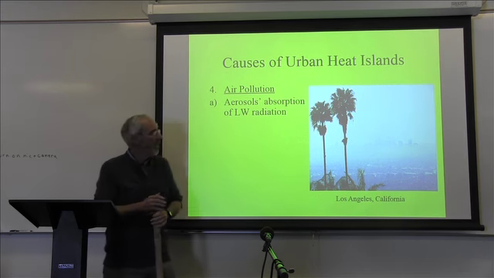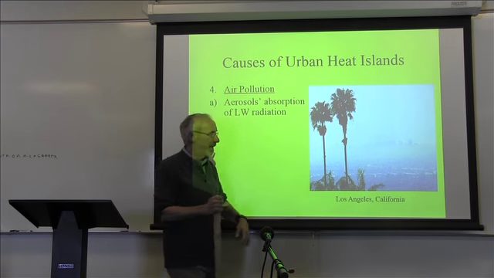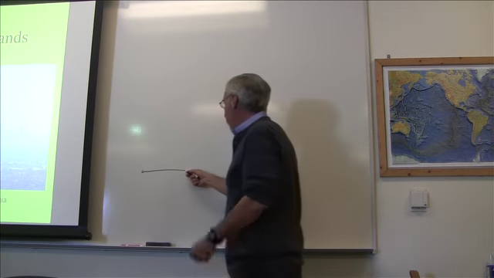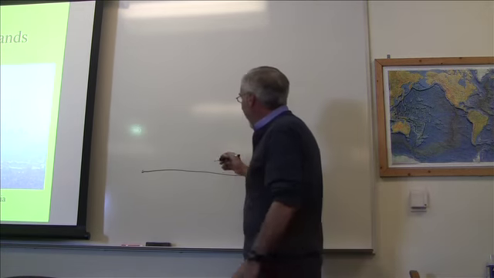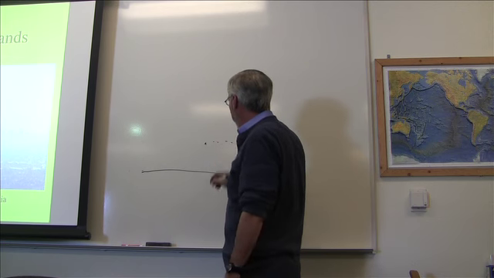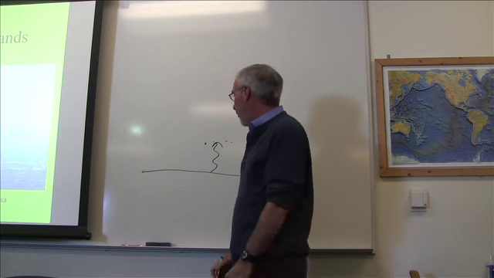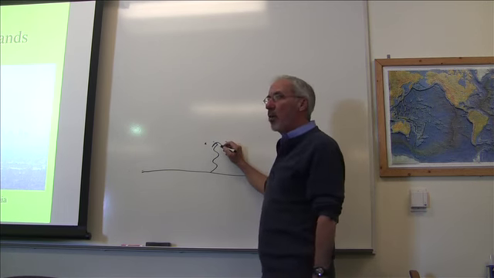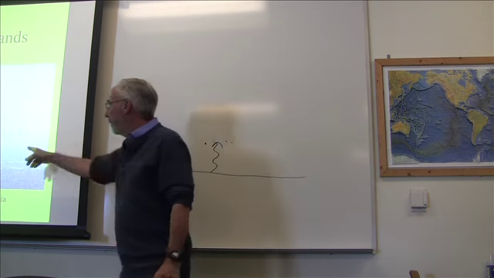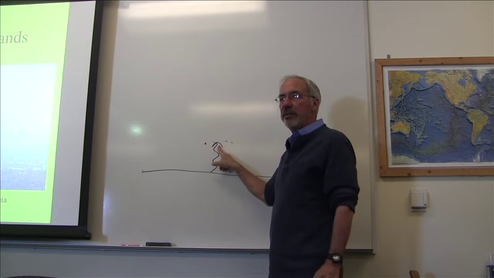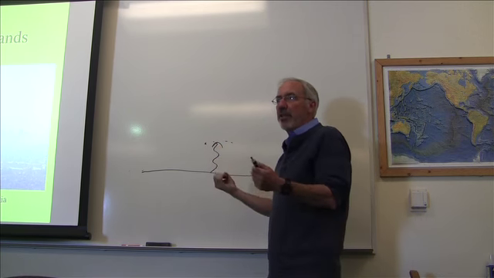Now, what can happen then is that, again, let's go to the board. So we're a surface here in a city. And, you know, we've got these little bits of carbon up here, all right? Long wave radiation is always being released from Earth's surface. What happens when long wave radiation hits these solid bits of material?